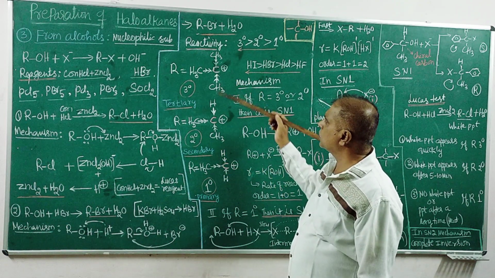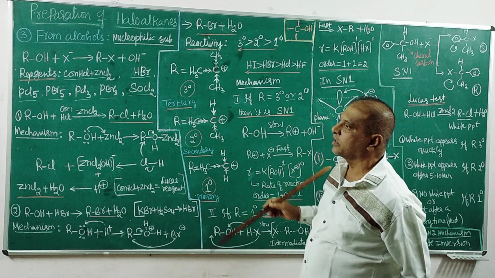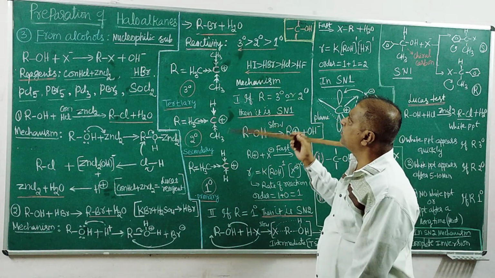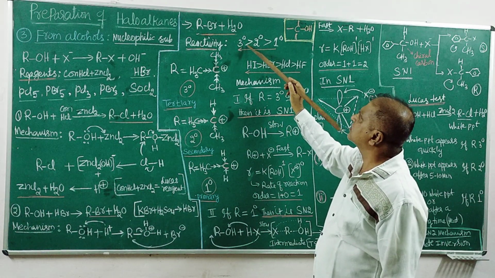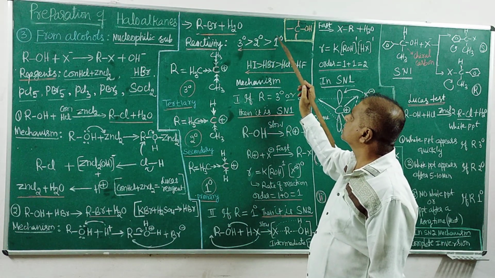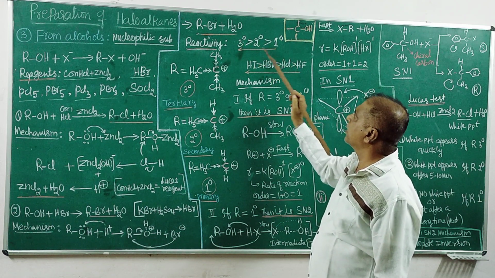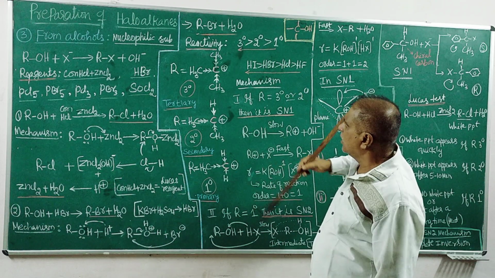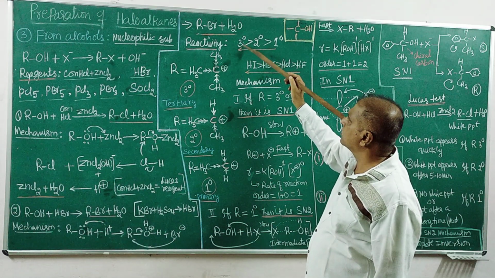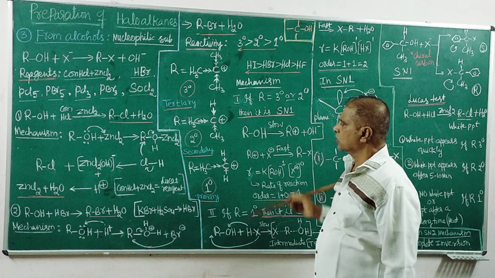So these two are more stable, and this is comparatively less stable. This carbocation is more stable than this, and this is more than this. The stability or reactivity order of the carbocations is tertiary, secondary, primary.